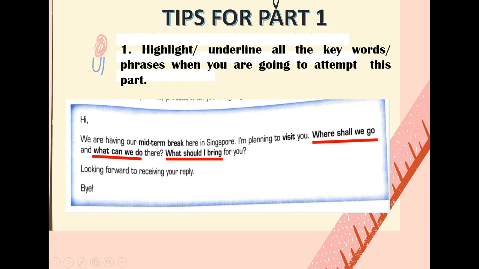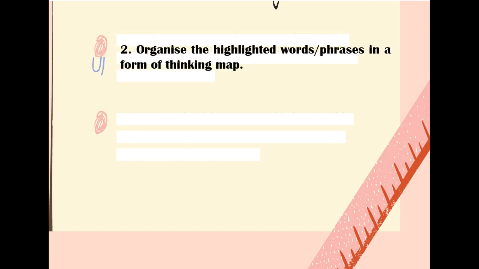All right, so tip number two, organize the highlighted words or phrases in a form of thinking map. Why must you do this? Okay, this is to ensure you score good marks for your content. All right, remember just now the content mark is 5 marks.